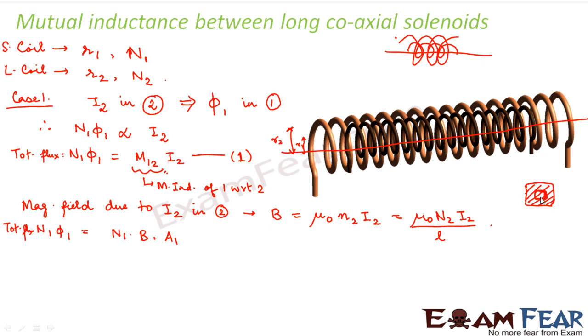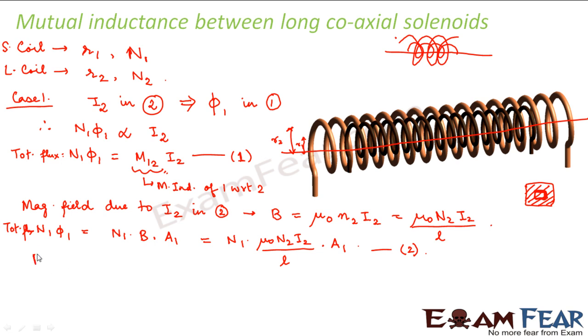So the flux in the inner coil would be the value of this magnetic field into this small area. That will be the flux. So this total flux will be equal to N1 into mu naught N2 I2 divided by L into A1. So this is my expression 2.